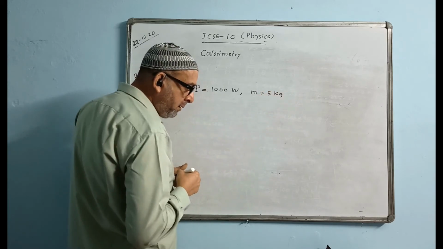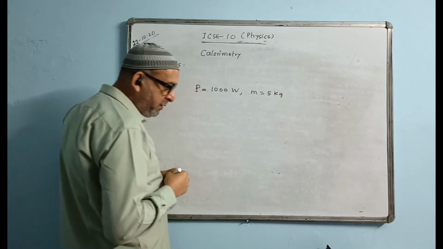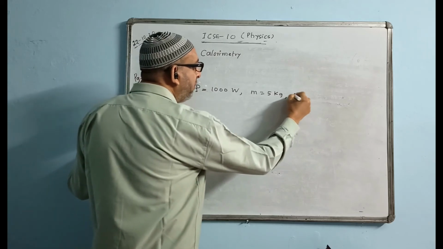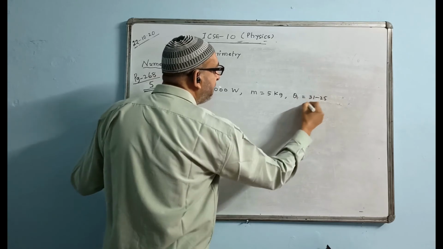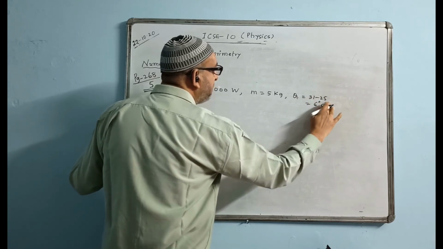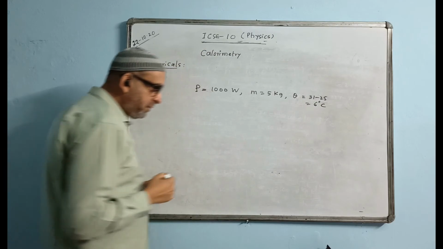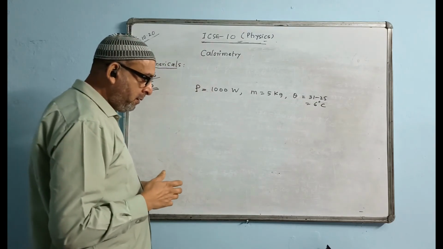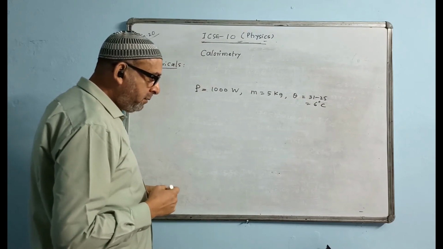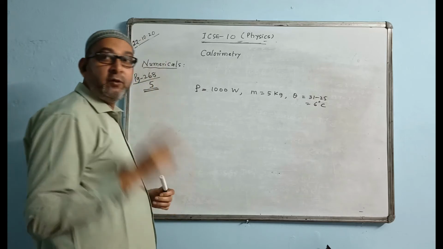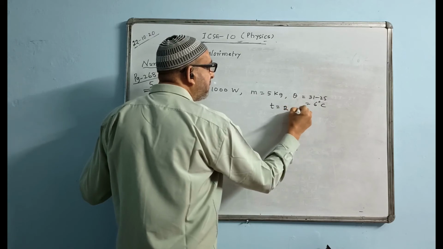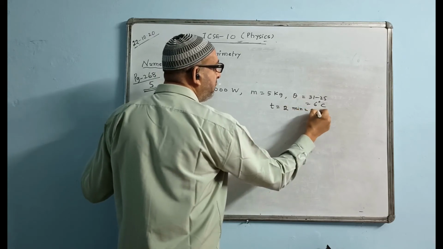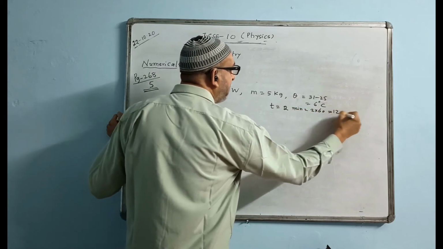Temperature difference we can find out: 25 degrees becomes 31, that means 31 minus 25, the difference is 6 degrees Celsius. Time is given, 2 minutes. We will change it to seconds: 2 into 60, that means 120 seconds.